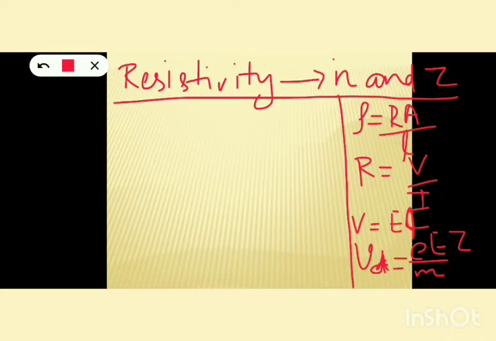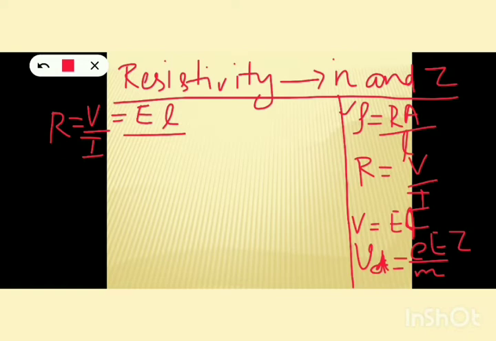Resistivity expression is rho is equal to R into A by L. Also we know resistance R is equal to V by I. V is the potential difference, and potential difference can be written as E into D, or E into L. Here instead of D we can use L, because D is the distance and here electrons are traveling a distance equal to the length of the conductor. So instead of D we can use L, divided by I.